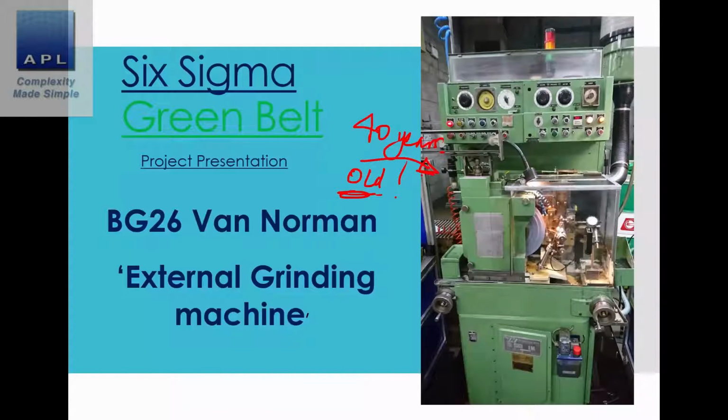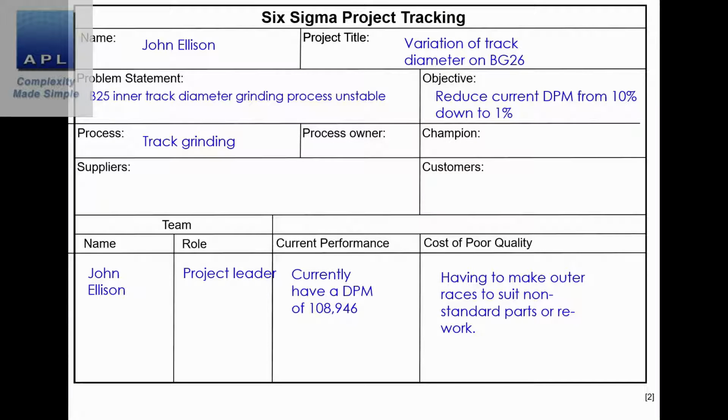So let's look at what he's aiming to do. He's got this track diameter grinding process, and the definition he's given it is that it's unstable. You'll see from the graph in a moment why he's using that particular phrase, but he has a current defect rate of 10%.